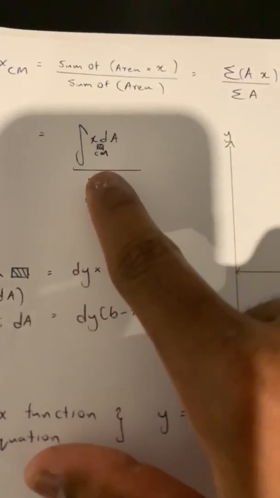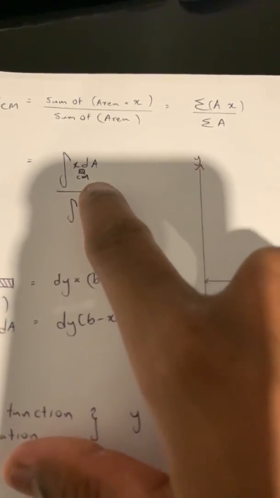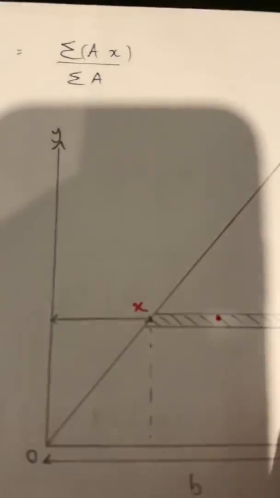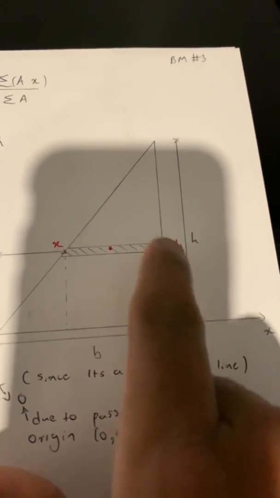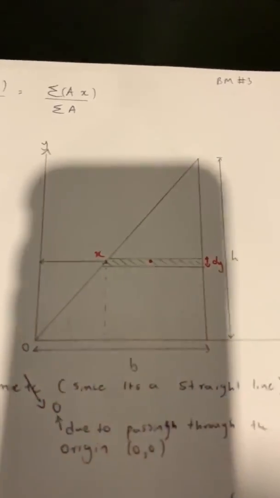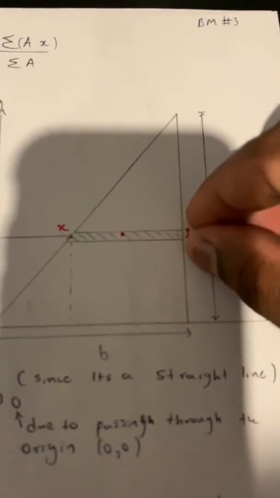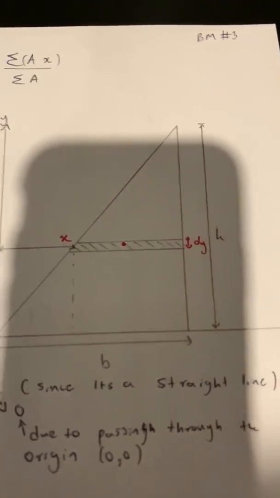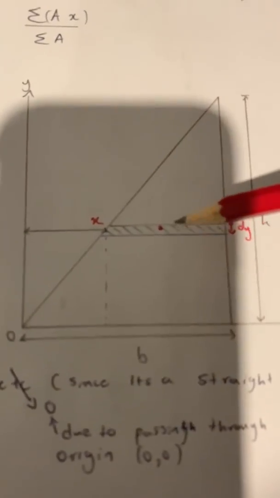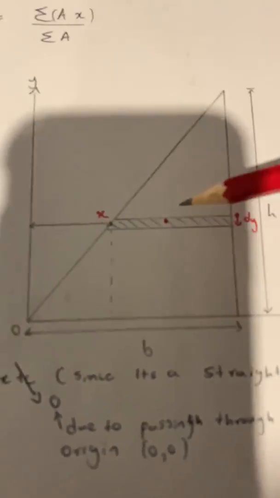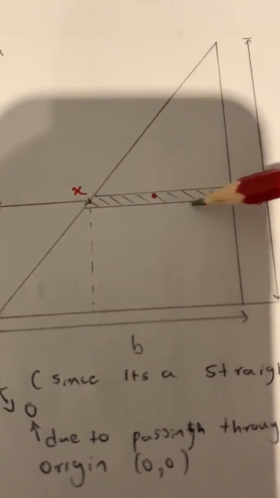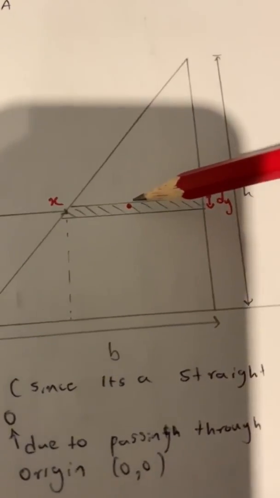So it's pretty much when you integrate X. What I've done here is I got a small thin line piece inside this triangle, from a distance X from the origin, and the height of this is dy because it's such a small height compared to H. The X center of mass here is the center of mass of this block that's been highlighted.